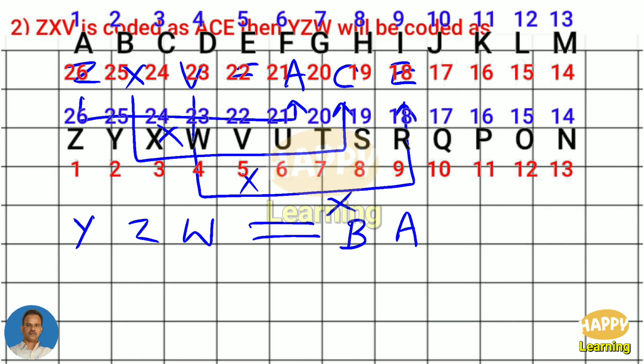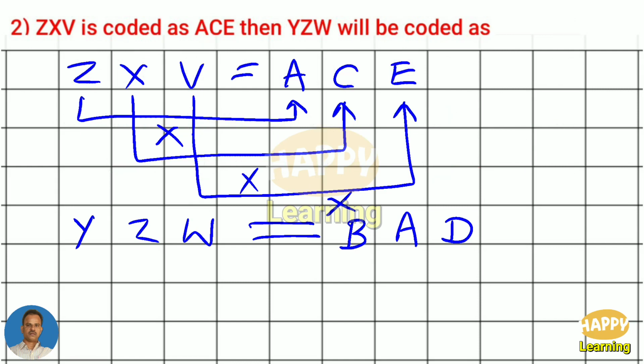And W is fourth from the last, W, X, Y, Z, so D will be the fourth from the first. So the code is in the reverse order. So this will be coded as BAD. Okay.